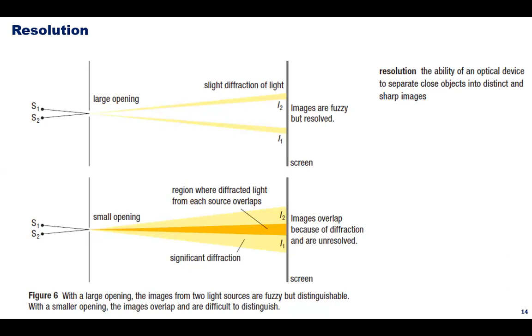So as you can see here, with a large opening, the images from two light sources are fuzzy, but distinguishable. With a smaller opening, the images can overlap and are difficult to distinguish.